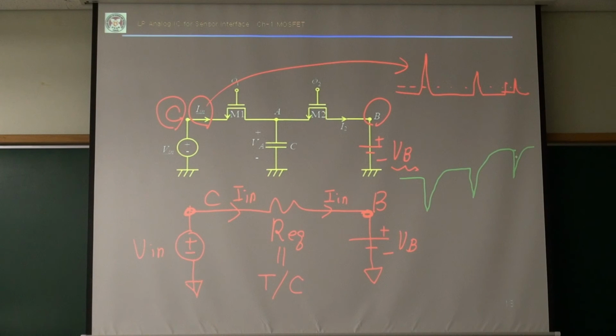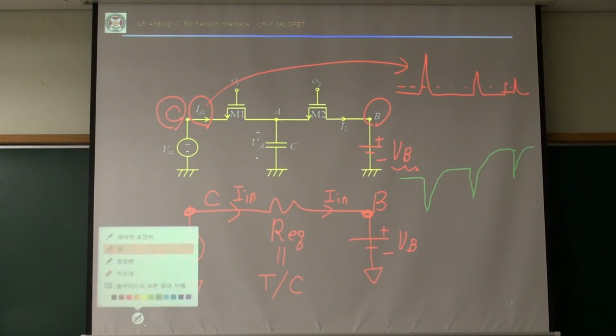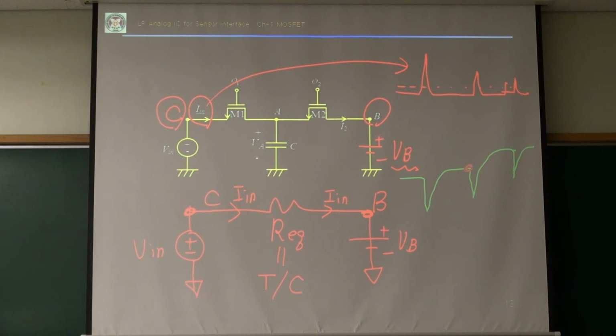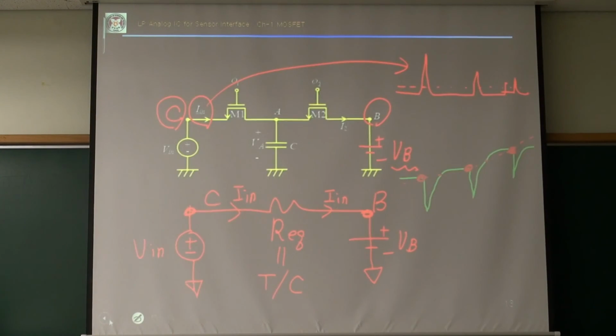Say the only valid output voltage is this point. This is a valid output voltage, right? With this approximation, the output voltage will be changing like this dotted waveform. This dotted waveform is from this REQ model. This green one comes from the real circuit.